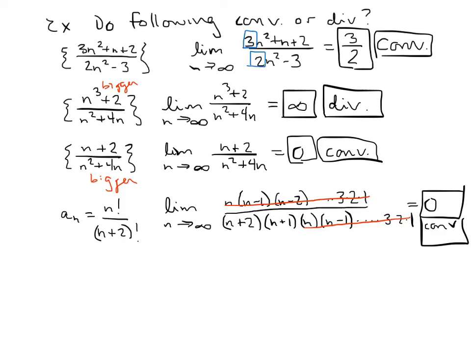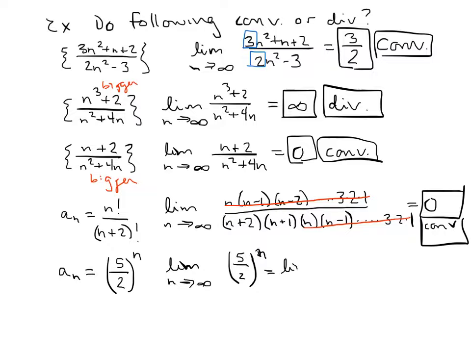All right, and let's look at one more. Let's look at if a sub n is equal to 5 halves to the n. If we take a limit as n approaches infinity of 5 halves raised to the n, this is the same thing as 5 halves is 2.5.